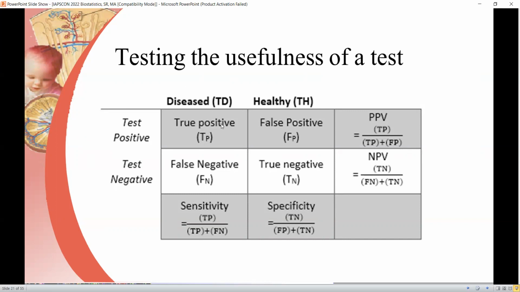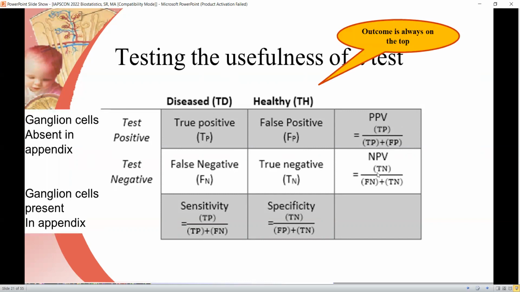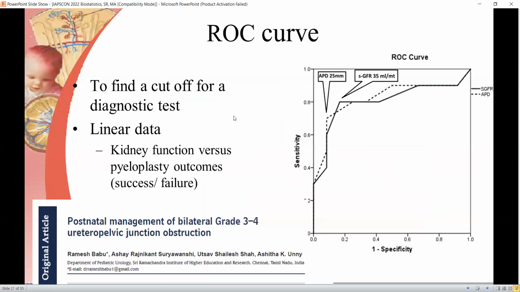So here we have true positive, false positive, false negative, true negative. We can work out sensitivity and specificity using this 2x2 table. Another example is ganglion cells absent in the appendix, and the presence or absence of Hirschsprung's disease. That is one. The ROC curve is a tool to find out a cutoff for a diagnostic test.